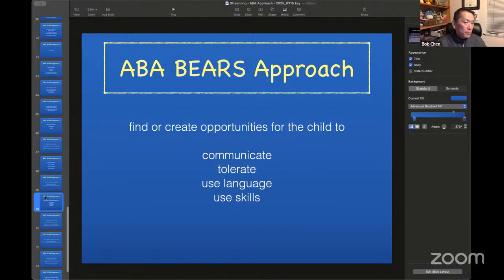So I might put this favorite toy high up, and it forces them to ask for it, whether I've taught them to point or I've taught them to ask, like, puzzle, please, or whatever it is. You're forcing that opportunity in there so that they get an opportunity to practice those things. So you either find opportunities to utilize those situations or you create them.